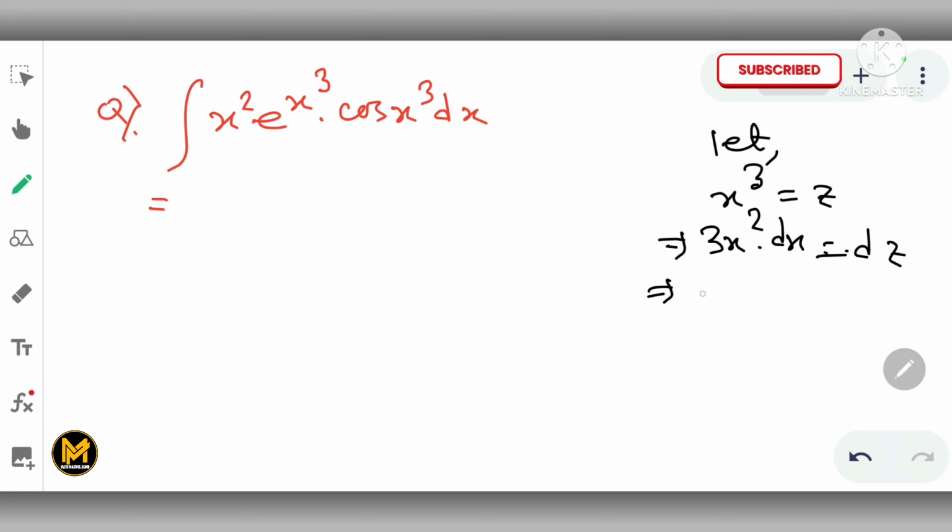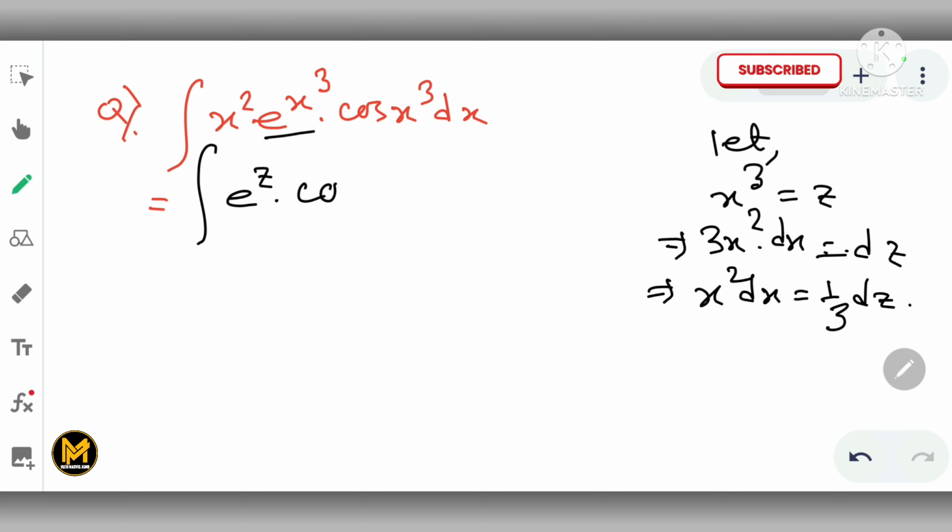After being differentiated, we will get x square dx is equal to 1/3 dz. So here we will substitute and make the integration depending on z, that is e to the power x cube will be e to the power z, cos of z, and x square into dx will be 1/3 dz.